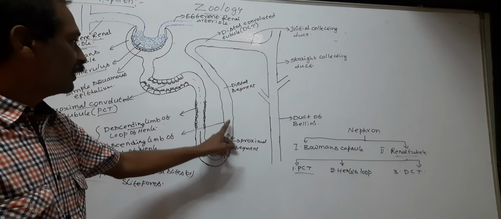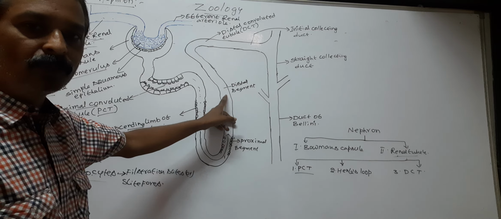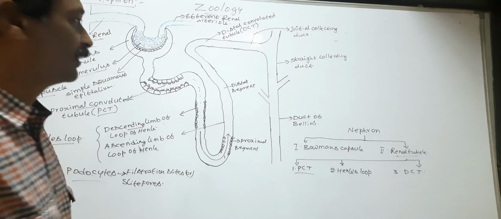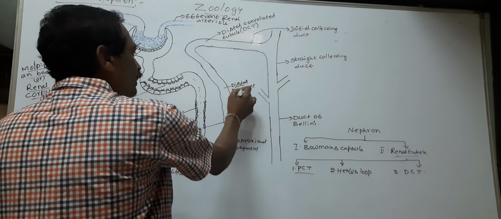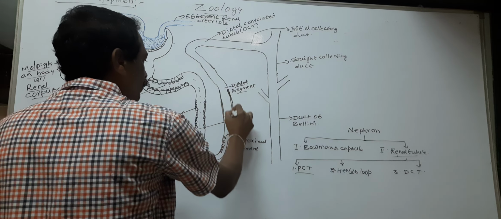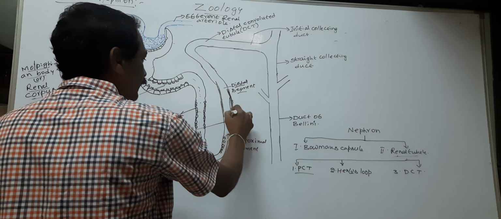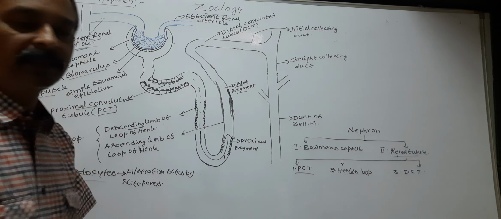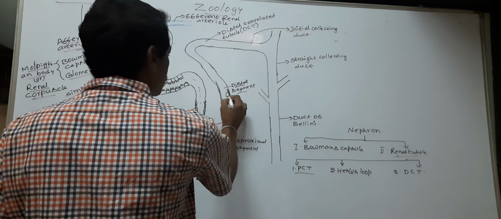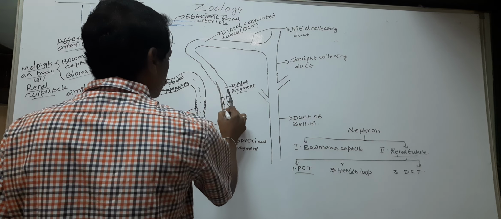Next, the distal segment of the ascending limb of loop of Henle is very thick. The thick bordered distal segment of the ascending limb is lined by simple cuboidal epithelium.